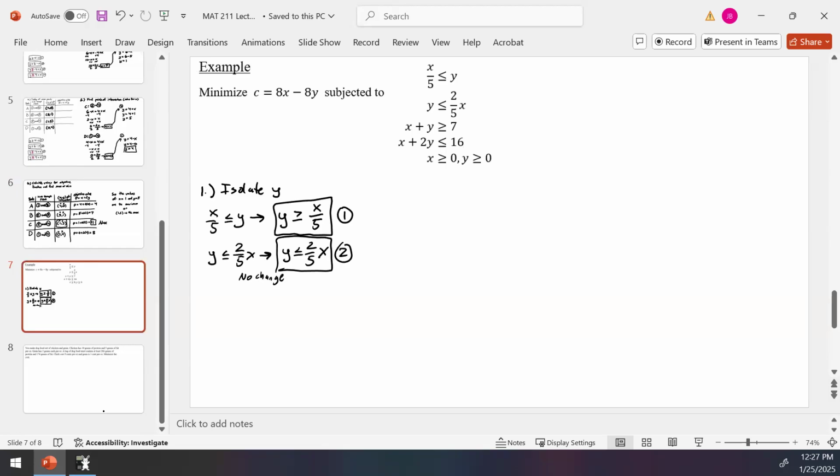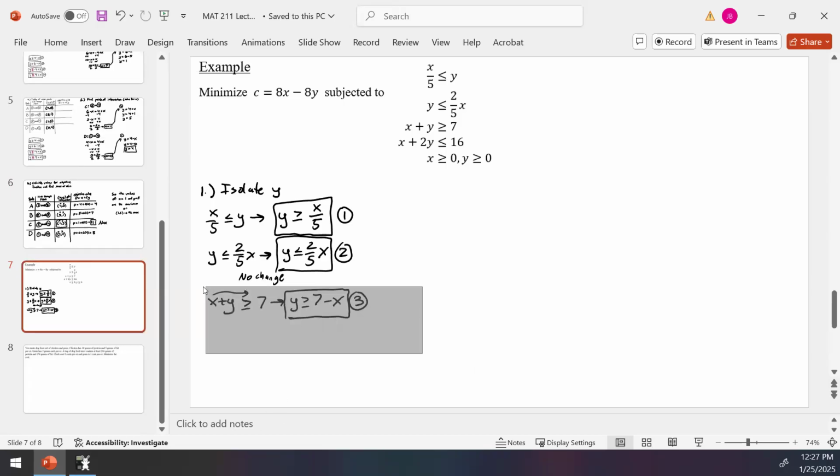Just going to write that there in case someone's like, what did I do? I did nothing. For the next one, we are going to solve for y. So we're going to move the x over, and we get y is greater than or equal to 7 minus x. So that's equation number 3, like that.